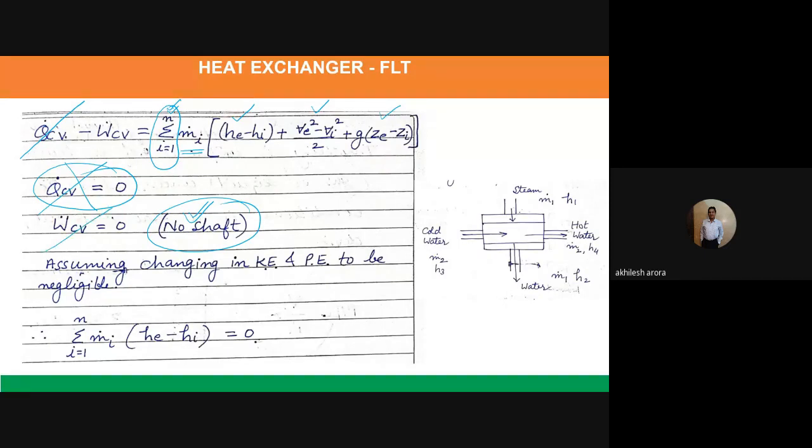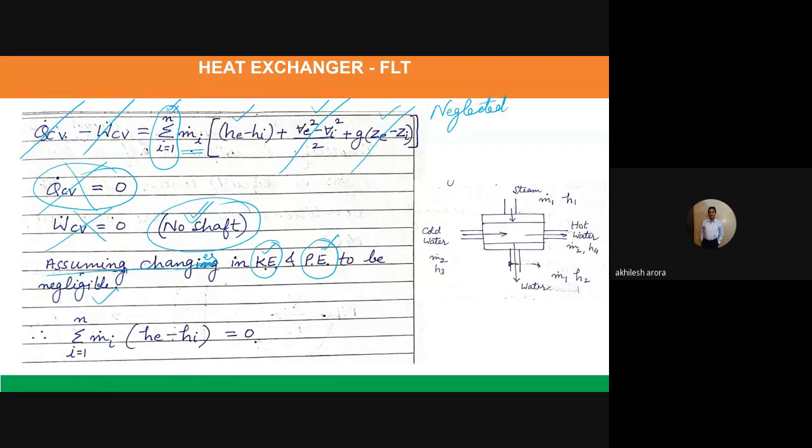Next, I can assume that the changes in kinetic energy and potential energy are negligible. So I can neglect those two terms of the changes in kinetic energy and potential energy. This term and this term have been neglected because they are small.